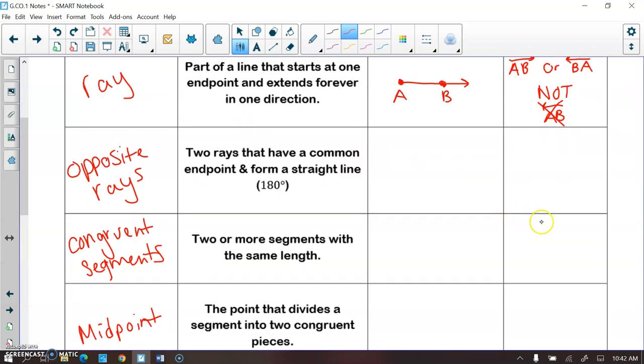Next, opposite rays. These are two rays that have a common endpoint and form a straight line. So we have a ray going this way and a ray going this way. And to name your rays, again, you would need other points on your ray.